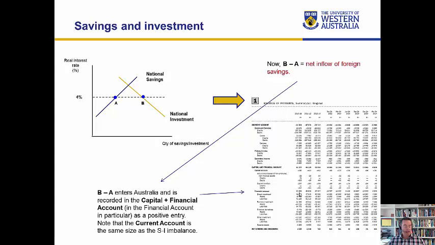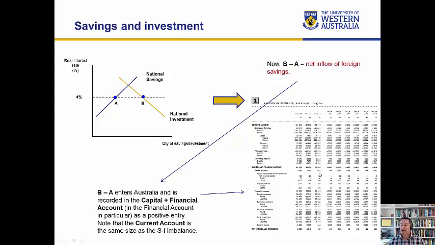Now at the same time, the other thing that you need to appreciate, and you'll really develop a full appreciation for this in the final topic of the course, is that this gap, AB, also equals the current account balance. Now it's not exact because of the capital account. The capital account does have some small entries in there, and there is a small capital account balance.